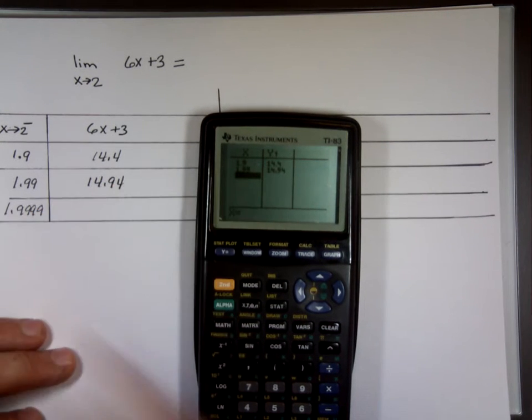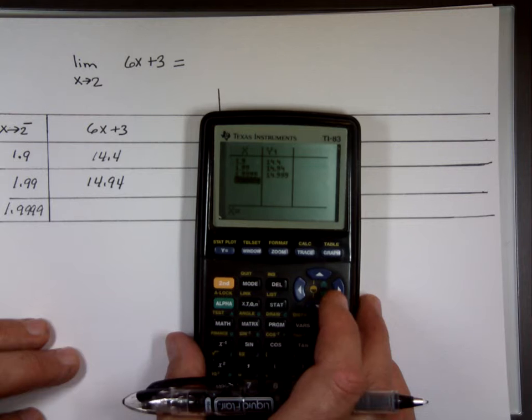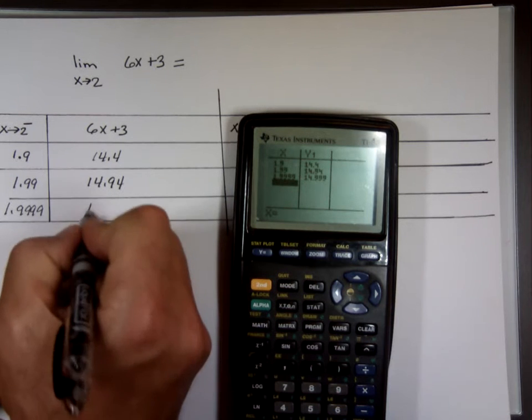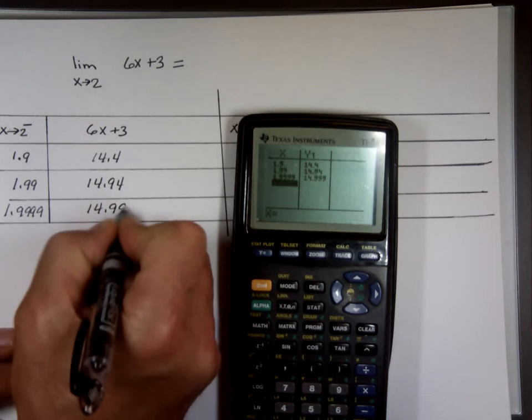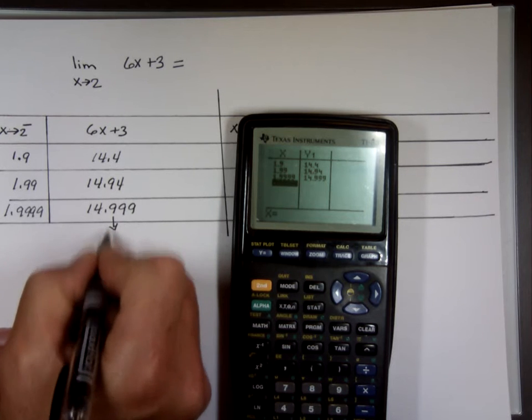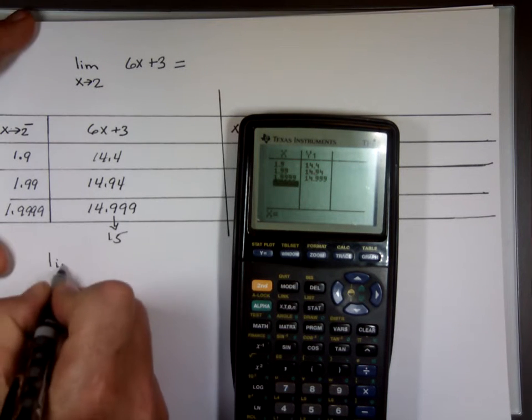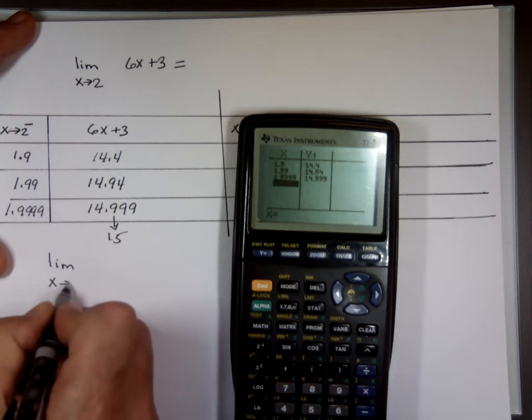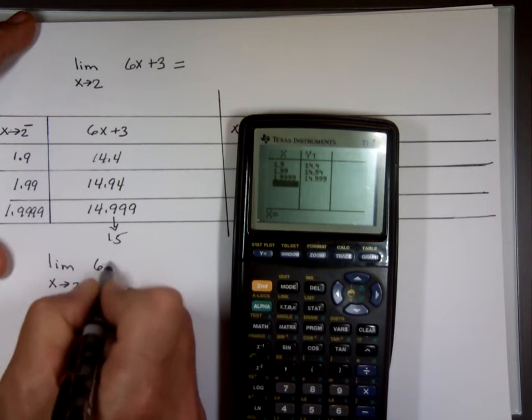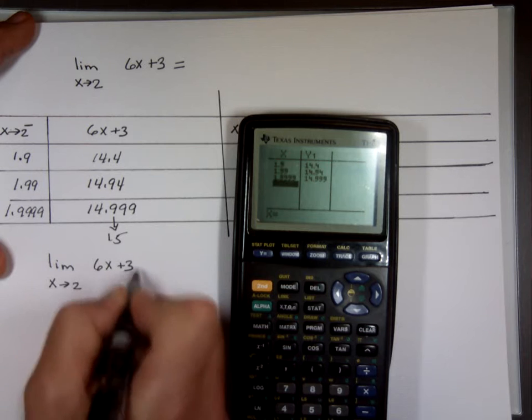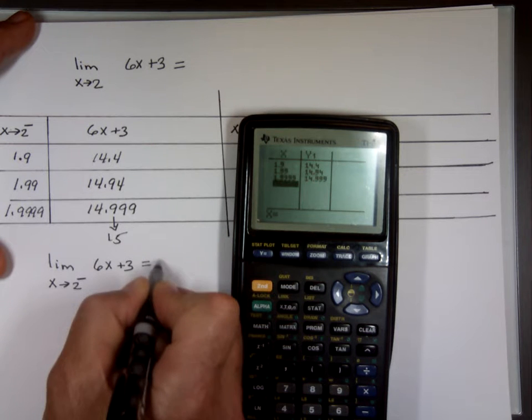And if I do 1.9999, 14.999. Do you see where that number is going toward? 15. So the limit as x approaches 2 of 6x plus 3 from the left side, this one says 15.